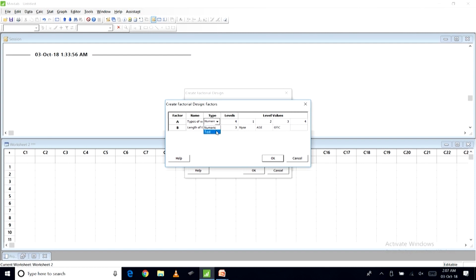We will have text, yeah. So, here you can write down the names of warehouse: general, commodity, bulk and cold storage, right.